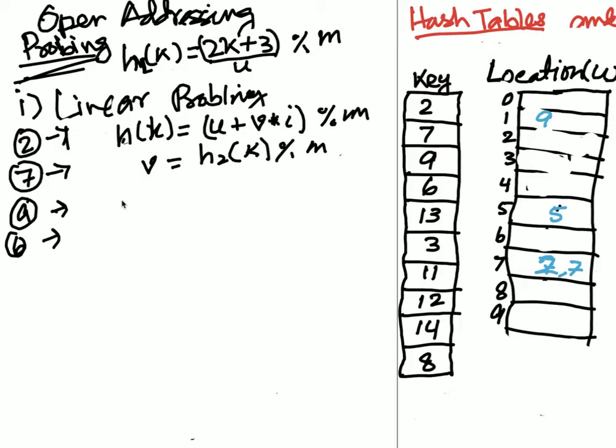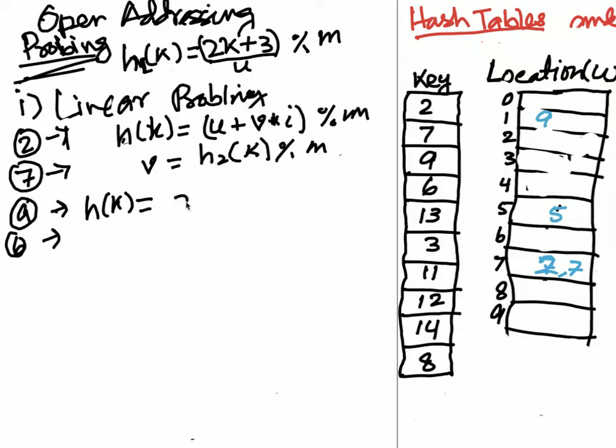So here, what is our total hash function going to be? Our hash function is going to be h of k equal to u plus b i, modulus 10.